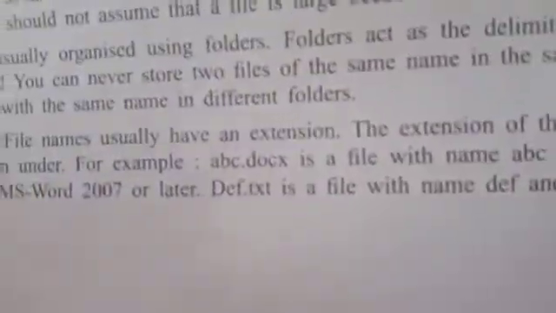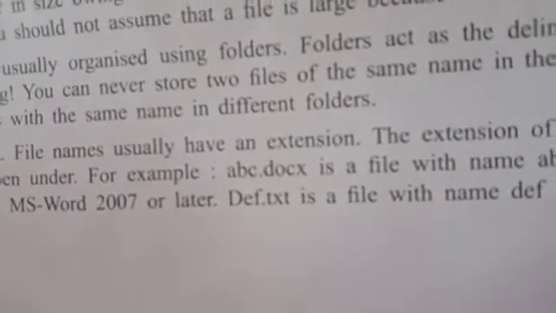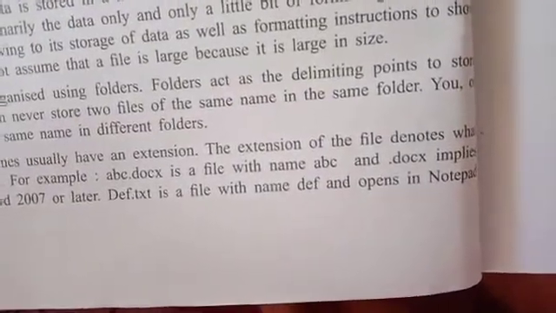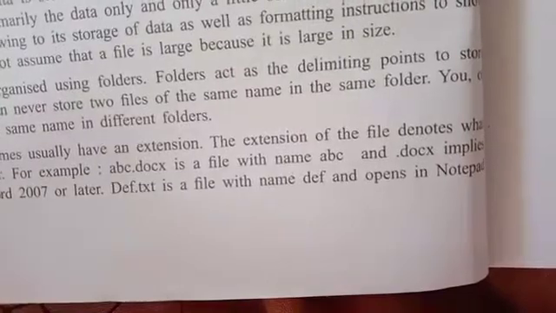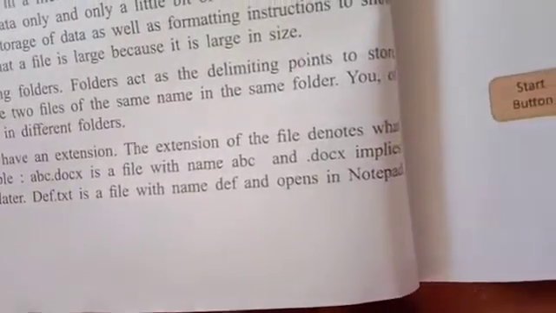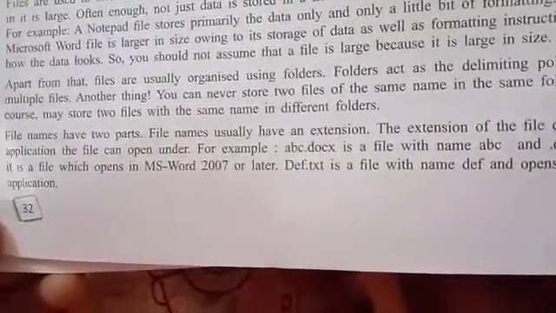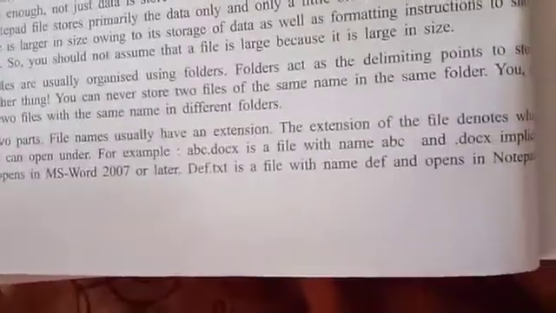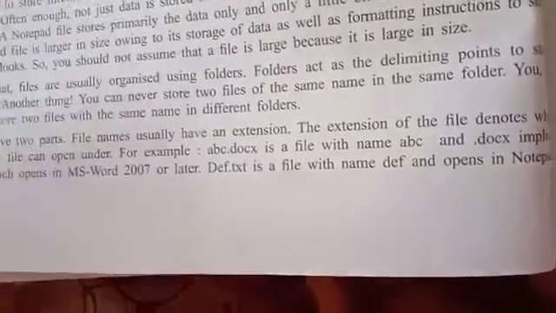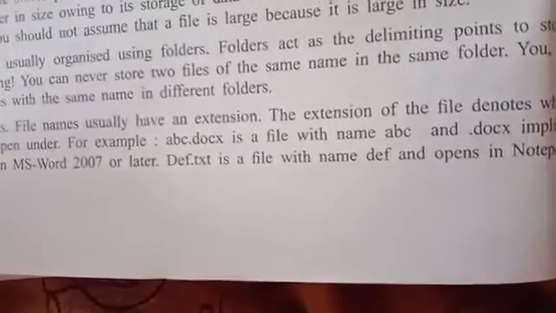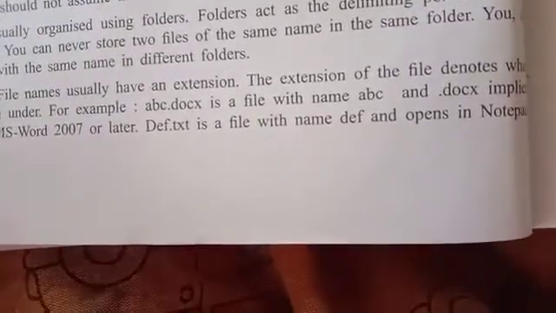For example, abc.docx. See here, abc is a file name and .docx is an extension. It is a file with the name abc. .docx is a file extension with the name abc, and .docx implies it is a file which opens in MS Word. .docx means MS Word 2007 or later. def.txt is a file with the name def.